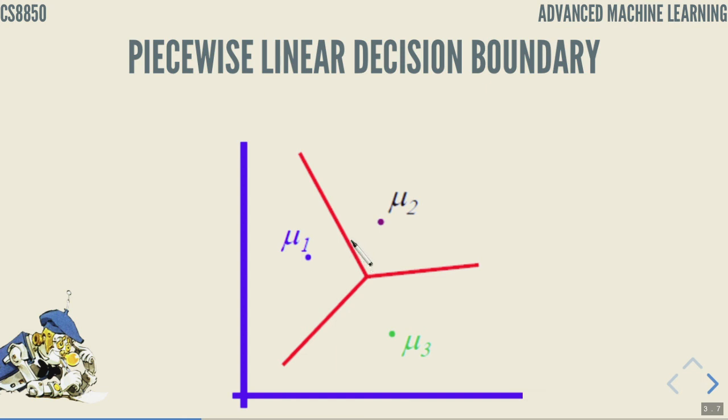Every point on this side of the decision boundary is closer to this mean, and every point on this side of those decision boundaries is closer to this mean. So they basically delineate the distance cells or regions of the space, or Voronoi cells, so called.